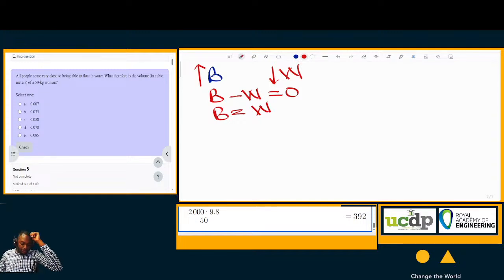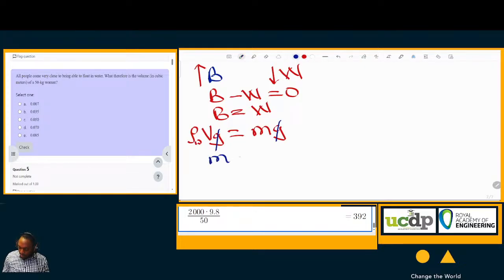Now you know that your buoyancy is the weight of the fluid displaced. The weight of the fluid displaced would be the density of water multiplied by the volume times g, equal to the weight, which is mg. Now look at what is common: g is common.